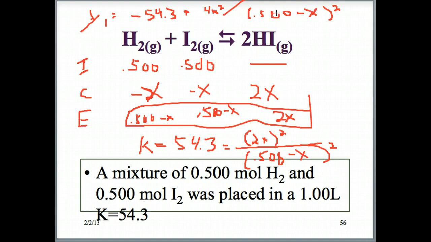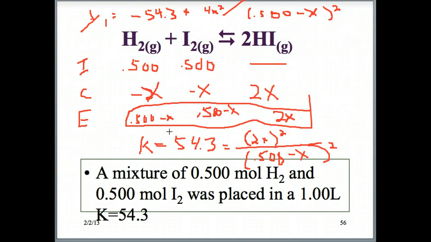It's the worst looking 0 ever. Okay. 4x squared, where'd I get that from? Instead of using extra parentheses, 2x squared is 4x squared. Okay, because the exponent is on the outside of the parentheses, you have to square both terms inside. So I just simplified that a little bit.